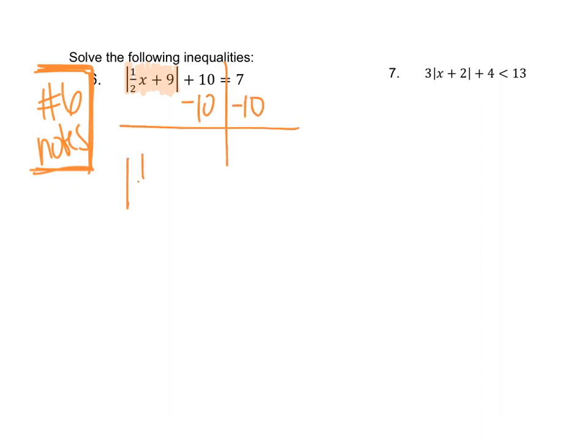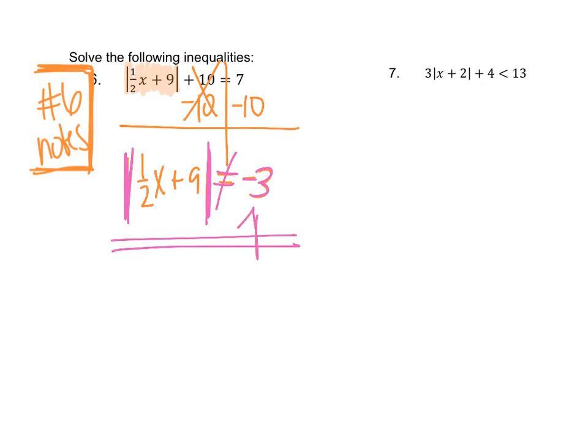So I have the absolute value of 1/2 x plus 9 equals negative 3. Right here, I can stop. An absolute value cannot equal any kind of negative number. Because it's a negative number over here, I can automatically say no solution. I don't need to continue solving. Don't let that trick you.